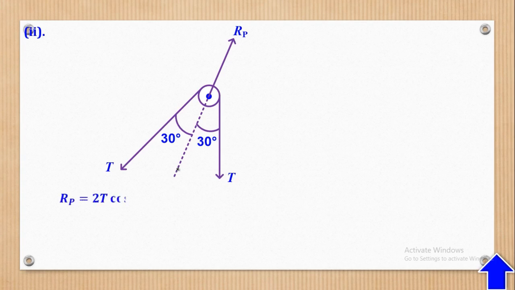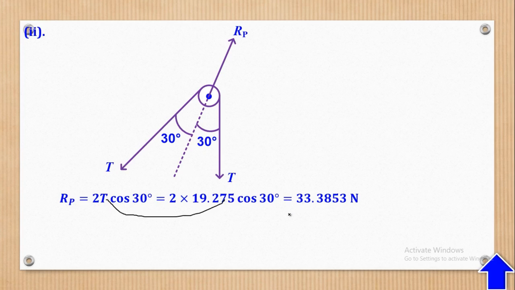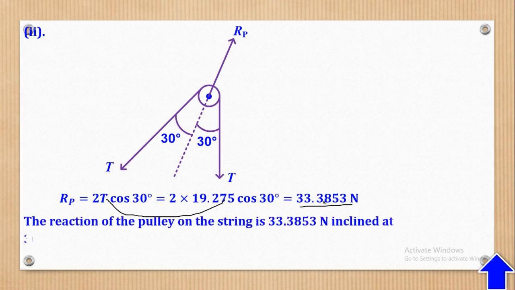So it means that RP will be equal to 2T cos 30 degrees, because you add these two resolved components. I know the value of T, so when I substitute, I come up with RP being equal to 33.8353 newtons. Therefore, the reaction of the pulley on the string is 33.3853 newtons inclined at 30 degrees to the vertical.